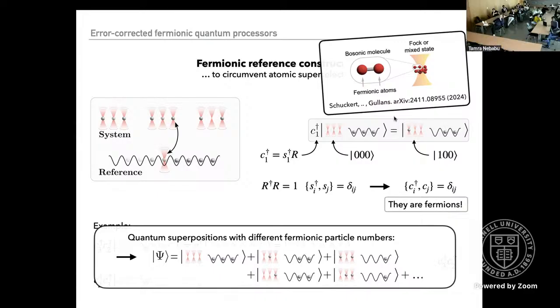But for instance, one experiment that has been recently done in the group of Adam Kaufman is they have a bosonic optical lattice, and they take a tweezer array, they load it with the atoms, they move it onto the lattice, and then they let it evolve in the lattice. So these kinds of things are actively being pursued at the moment.